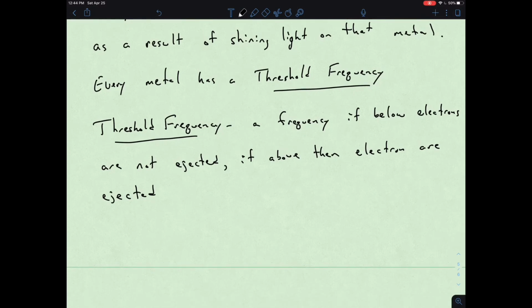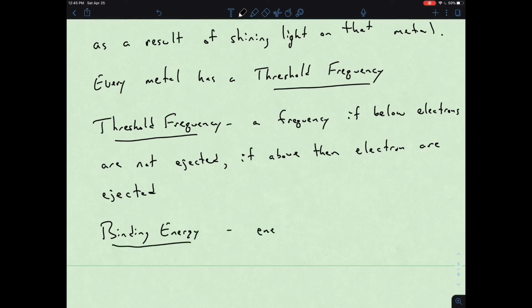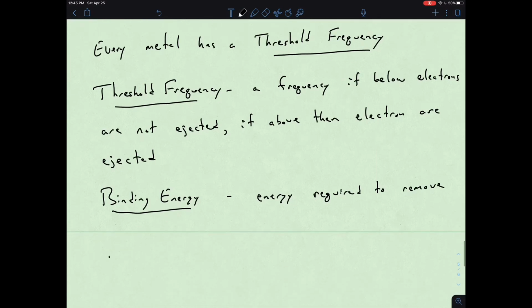Threshold frequency is related to binding energy. Right, and so this is the energy required to remove an electron from a metal.